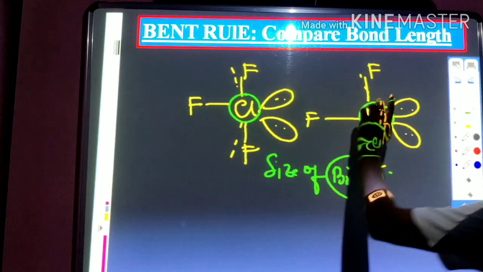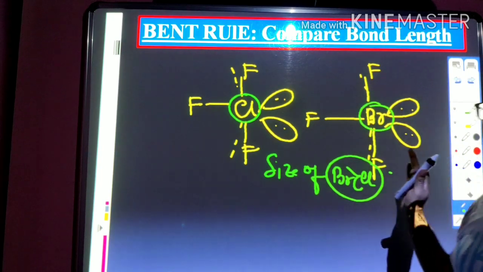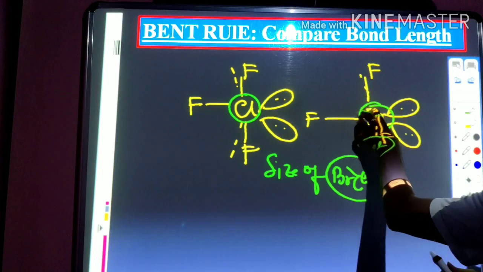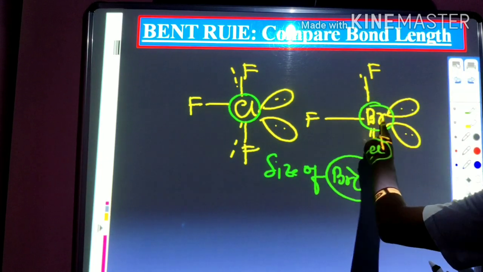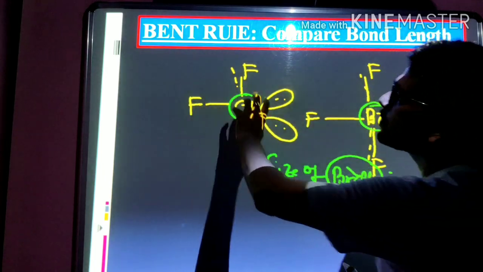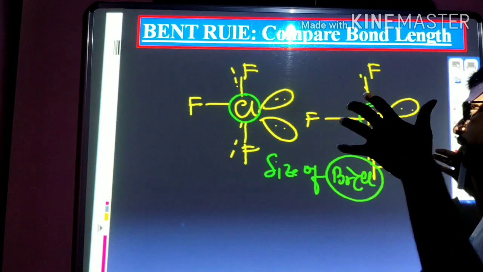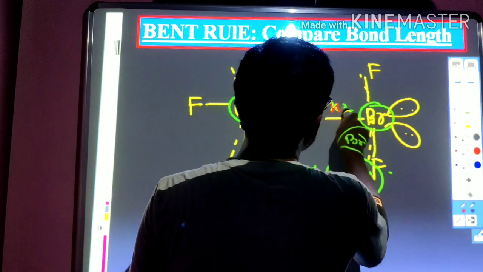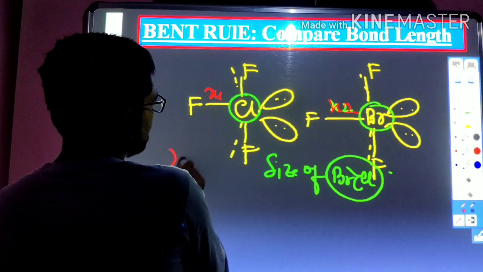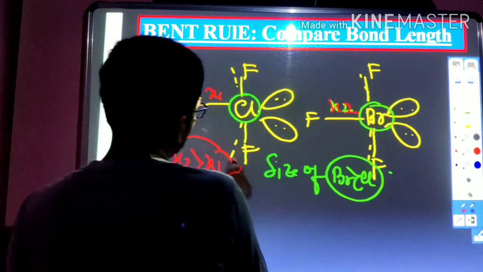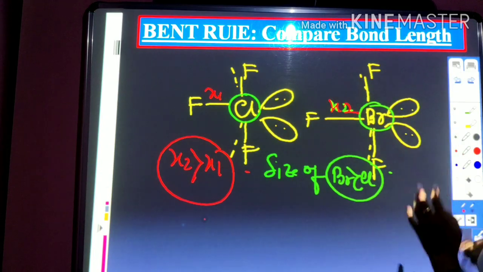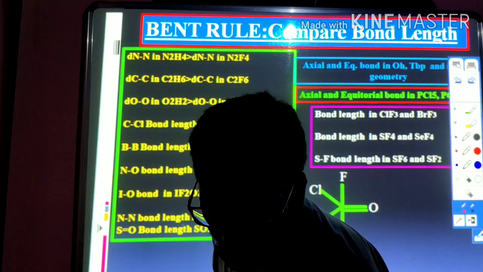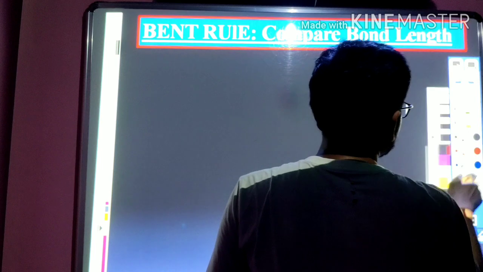Don't try to compare with percentage of s character here; the size will be the dominating factor. So the Br-F bond length will be more compared to the Cl-F bond. If Cl-F is x1 and Br-F is x2, then x2 will of course be greater than x1.